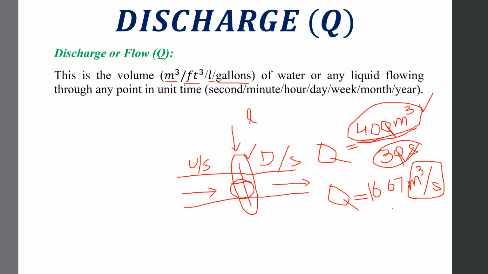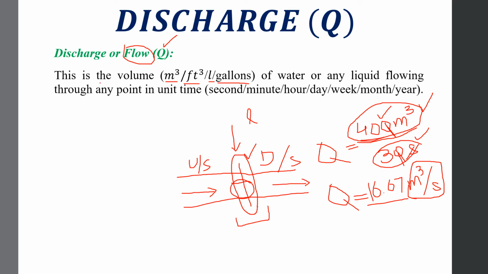This is the value of discharge, 16.67, at this point of the channel, with a volume flowing of 400 meter cube in 30 seconds. So this is the basic idea for calculating discharge. Discharge is also known as flow through any channel. This is mostly denoted as Q.